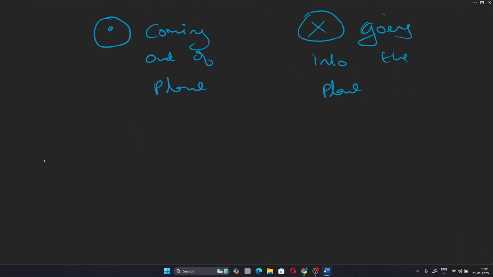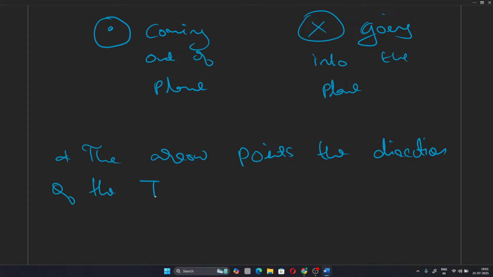because the arrow points the direction of the current, electric field or magnetic field.